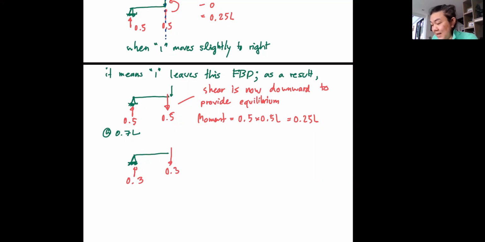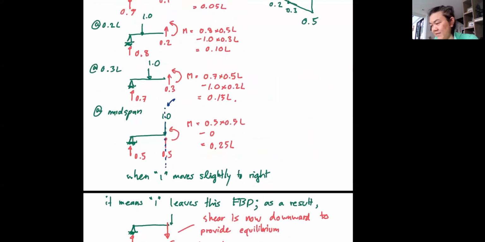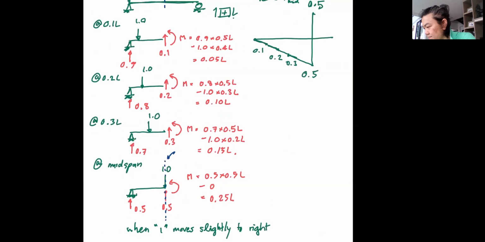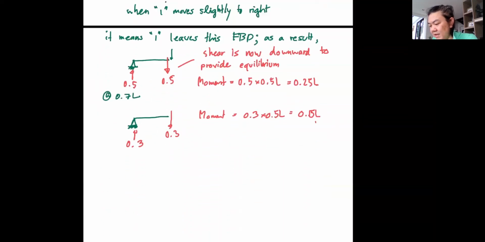And I can do the same with the moment. The moment is now equal to 0.3 multiplied by 0.5 L, which is equal to 0.15 L, exactly as before. So now you see that the shear will continue to go down, and in fact it's just positive and equal to the value of the reaction here, right?